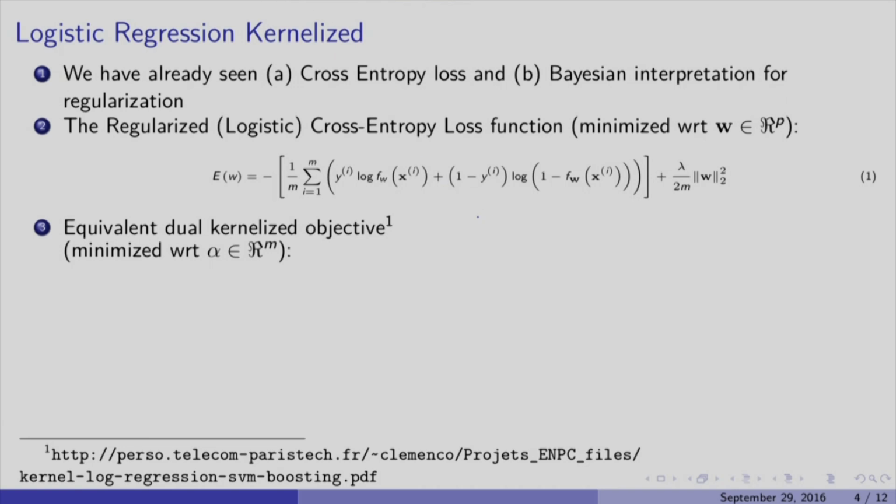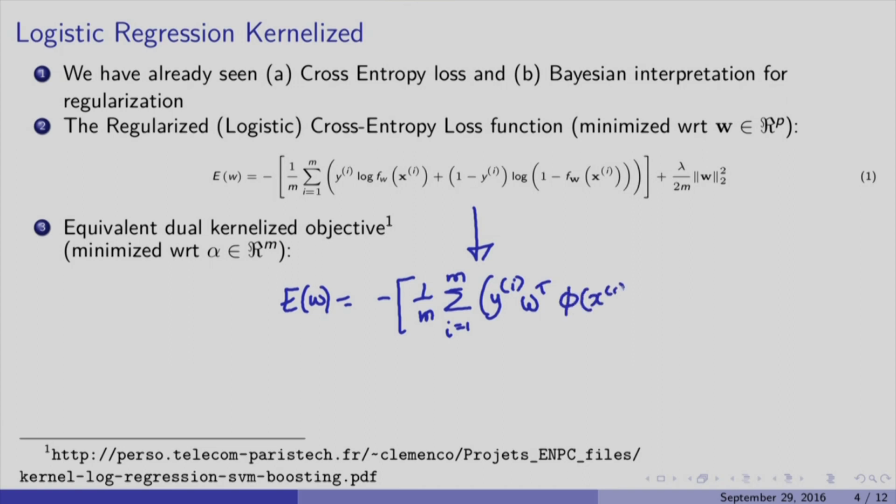One can rewrite this, we have shown this is possible, as E(W) equals minus 1 upon m summation i equals 1 to m of yi W transpose phi xi, the error component that looks similar to the perceptron, plus log of 1 plus e raised to W transpose phi xi.